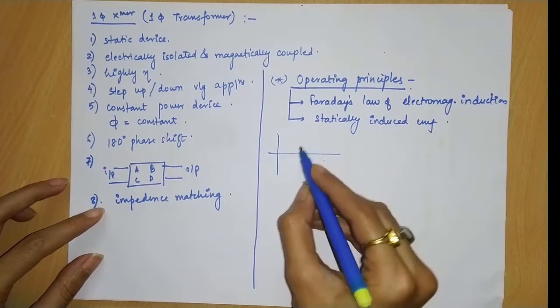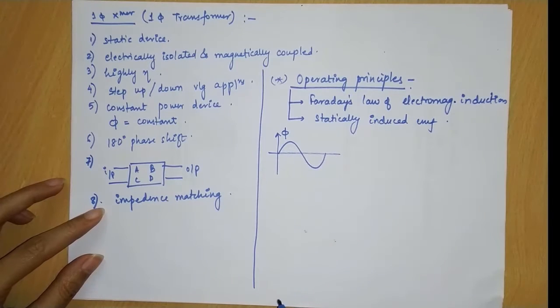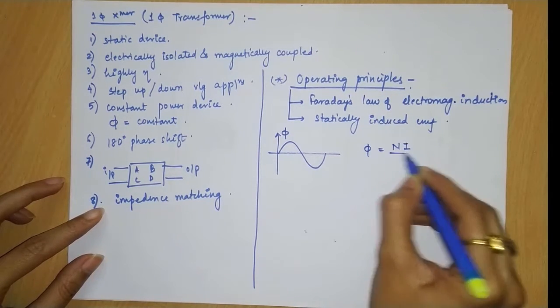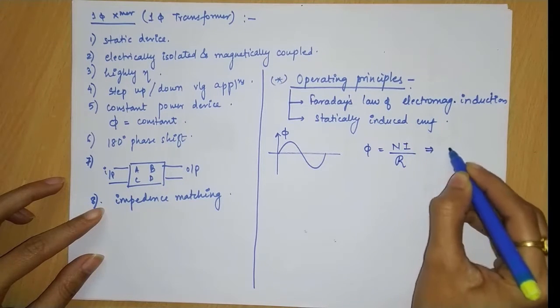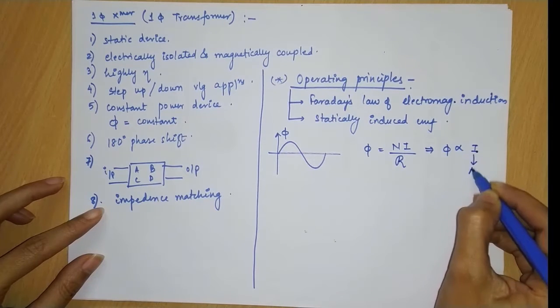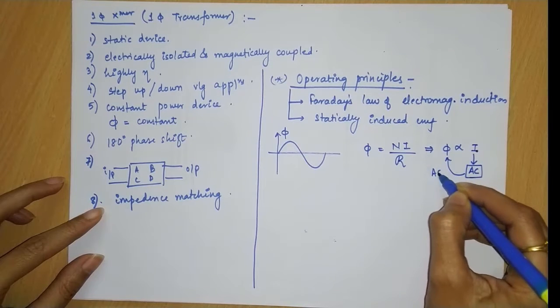Flux is equal to Ni upon reluctance, MMF upon reluctance. Hence, flux is proportional to current. So, we produce AC currents in order to produce AC flux.